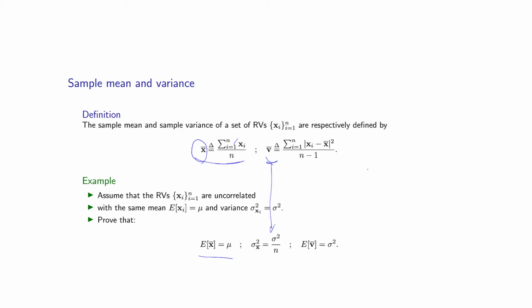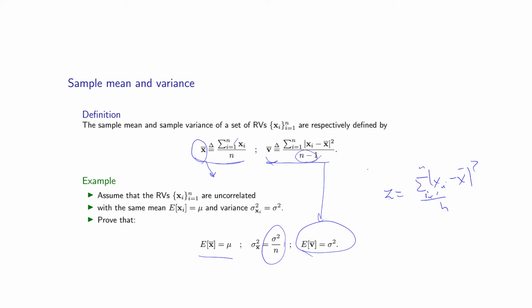The variance of the sample mean is 1 over n times the variance of xi, and the mean of the sample mean is equal to mu. If instead of n minus 1 you had put n, say you define z equal to the summation from i equal 1 to n of xi minus x bar squared, divided by n, then the mean of z would have been equal to n minus 1 over n times sigma squared, which is not unbiased.